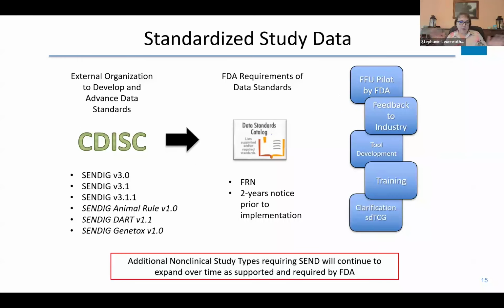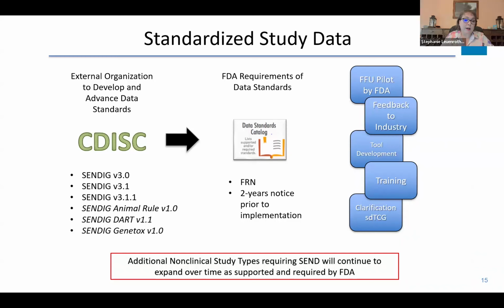So if you think about all of this put together, just in terms of getting a SEND IG onto the FDA data standards catalog, there's a lot that is happening at the agency around this. First of all, as I said, CDISC will publish their SEND IG, and the ones I've listed here are the ones that have made it onto the FDA data standards catalog.